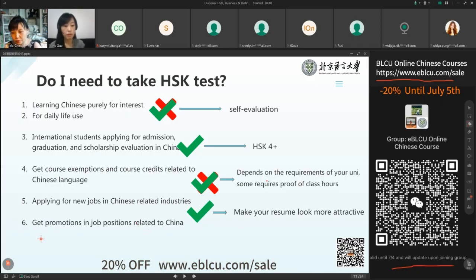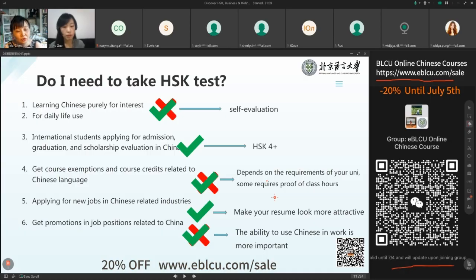And the last one: you already work here in China or have a job related to China, and you want to get promotions for that job. Do I need to take the HSK test? I would say yes or no. Because you already have a job, you're already working in an area related to China or Chinese.